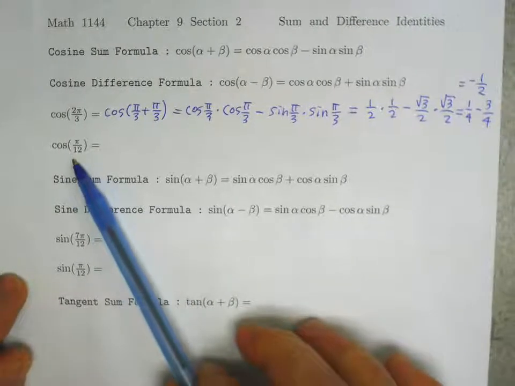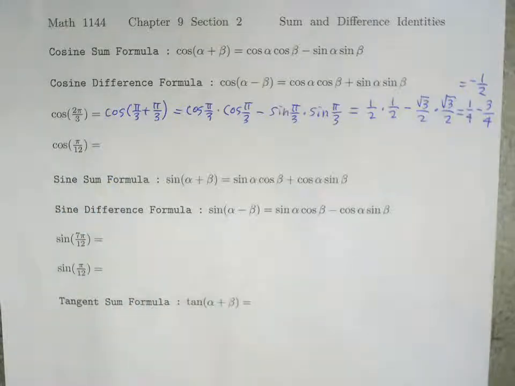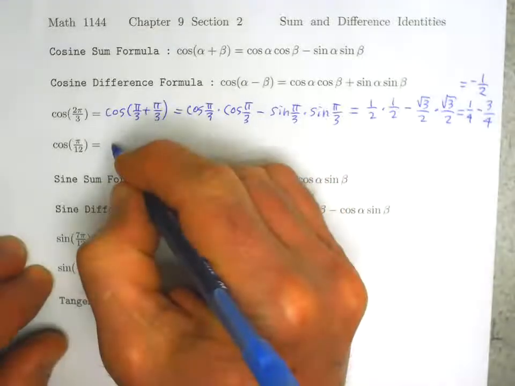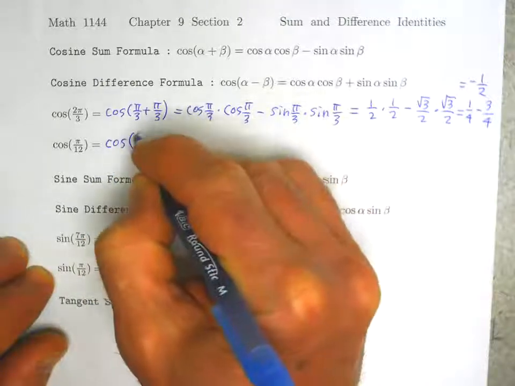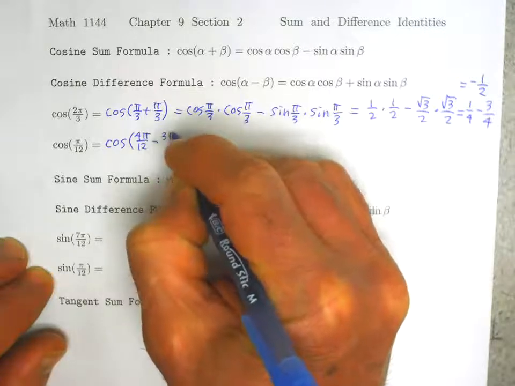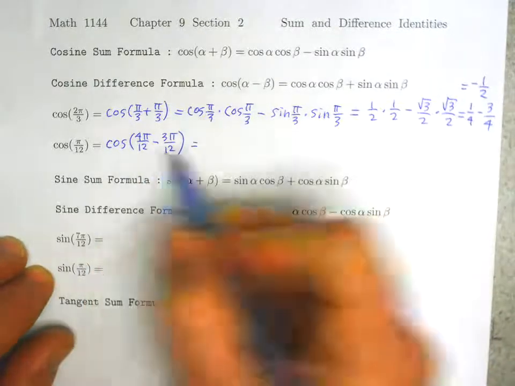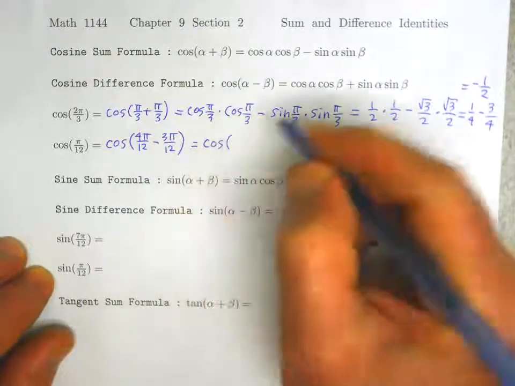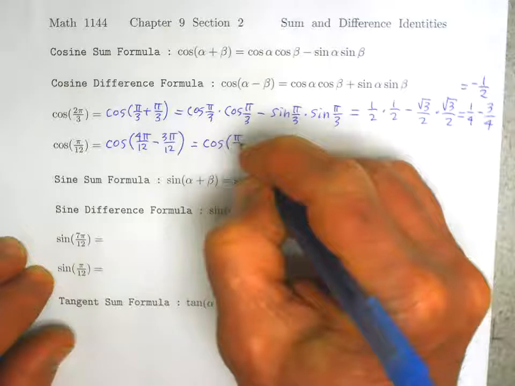Cosine of pi over 12, this one's not as obvious. Pi over 12 is not a special angle, but if you think of cosine of pi over 12 as cosine of 4 pi over 12 minus 3 pi over 12, and then simplify those, this is cosine of pi over 3 minus pi over 4. 4 pi over 12 is just pi over 3.